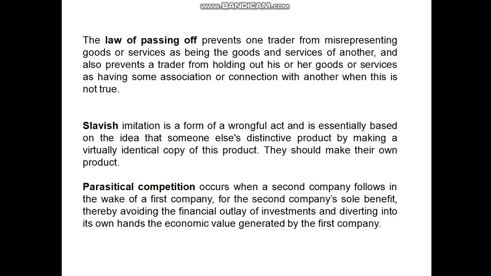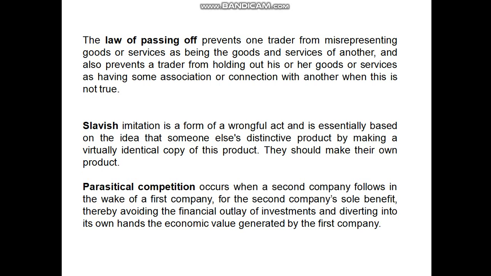So a false company will make an imitation same as that of the authentic company. Here our authentic company is A. Imitation is a form of wrongful act, and it is essentially based on the idea of copying someone else's distinctive product by making a virtually identical copy of this product.